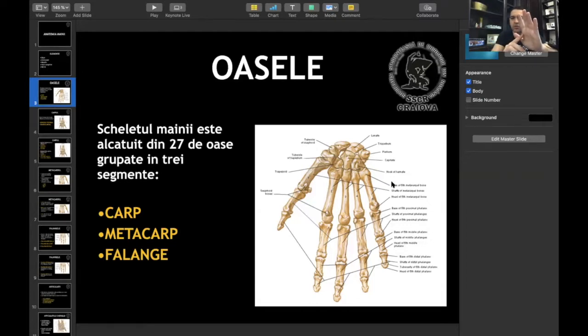On each of digits 2 to 5 we have three phalanges: proximal, intermediate, and distal. At the level of the pollex, the thumb, we have two phalanges, proximal and distal. And here we have the first metacarpal bone. In the anatomic position of the hand, we have the first digit, second digit, third digit, fourth digit, fifth digit.